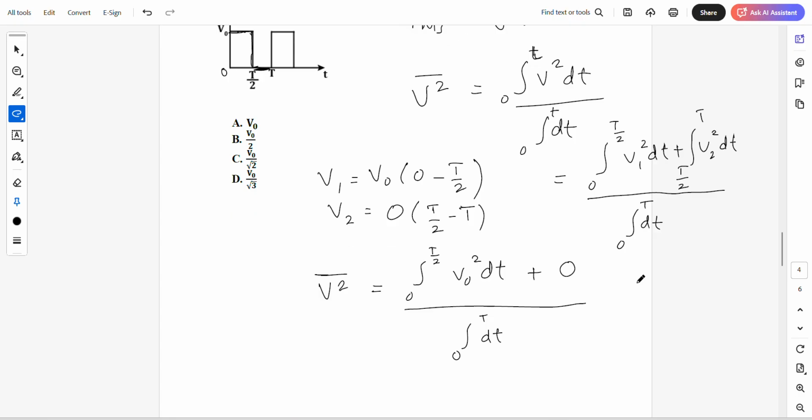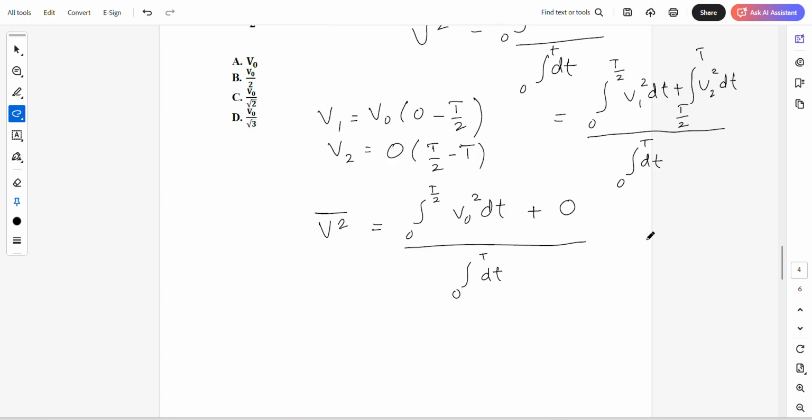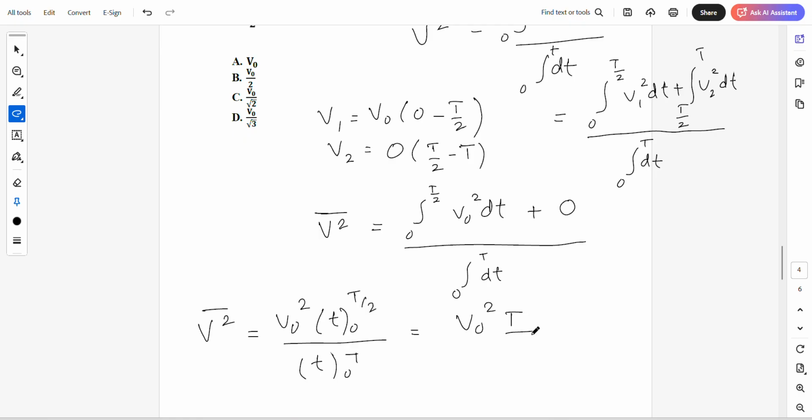Now how much are we going to get? Which are the constants here? v square is constant, I can take it out. The integration of dt is t, with limits 0 to T by 2, divided by the integration of dt, which is t, with limits from 0 to T. That is equal to v naught square into T by 2 divided by T. This dt gets cancelled.